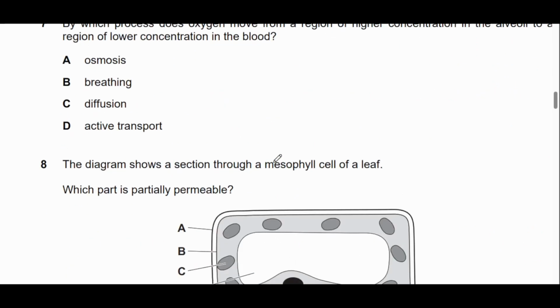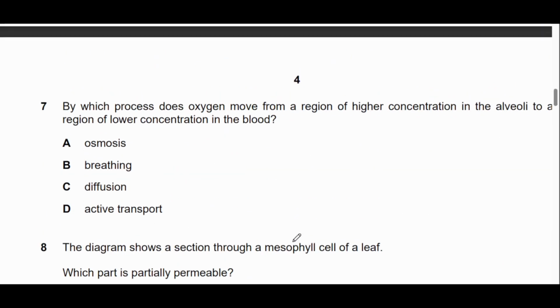Question 7. By which process does oxygen move from a region of higher concentration in the alveoli to a region of lower concentration in the blood? So, if this is the alveoli, and this is the blood vessel.